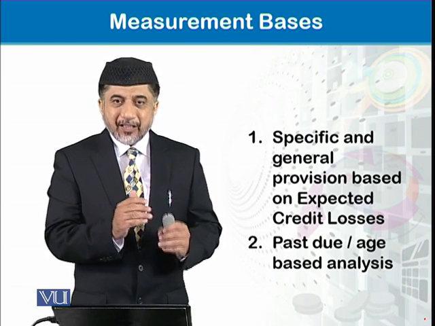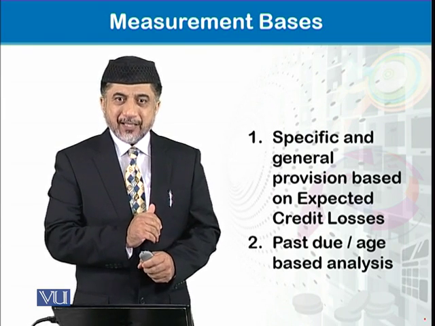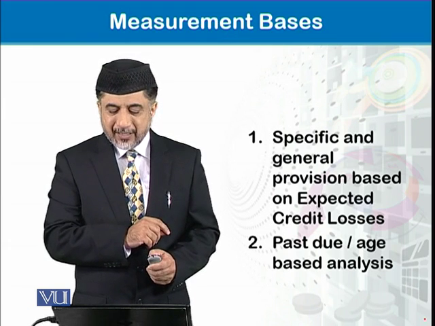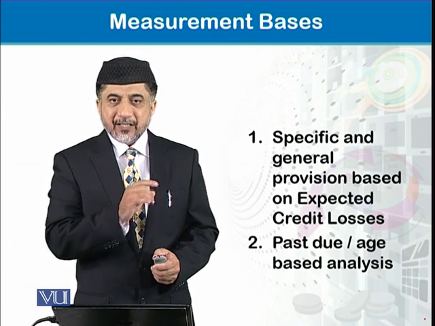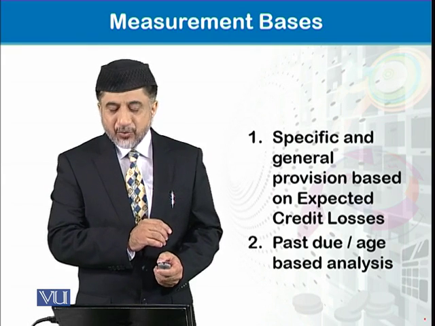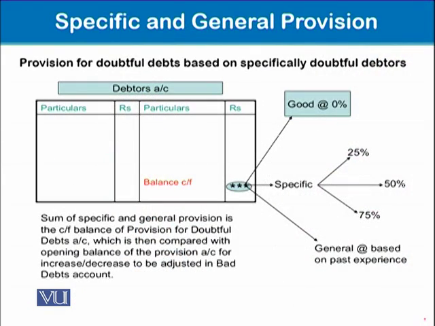So, both of these two bases we will discuss. First of all, we will discuss specific and general provision based on expected credit losses. How to measure this? Well, we can see this diagram in which we will be working out provision for doubtful debts based on specifically doubtful debtors.